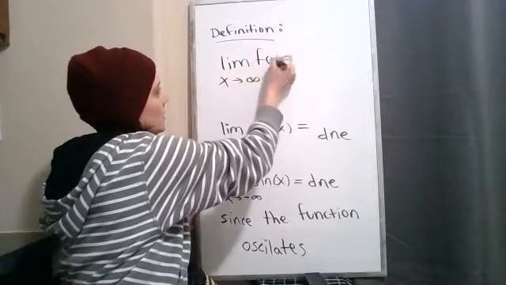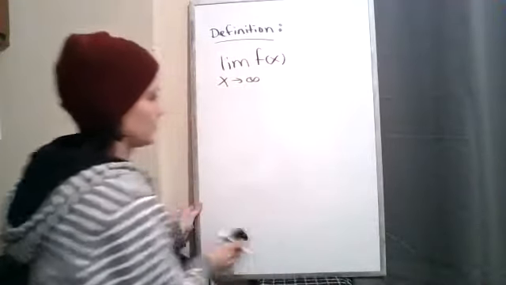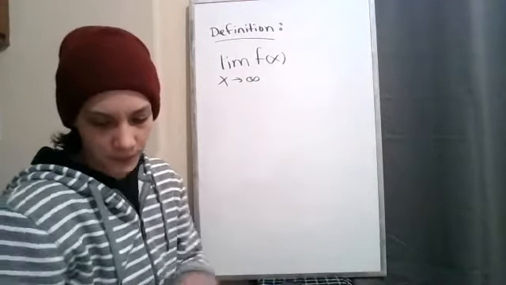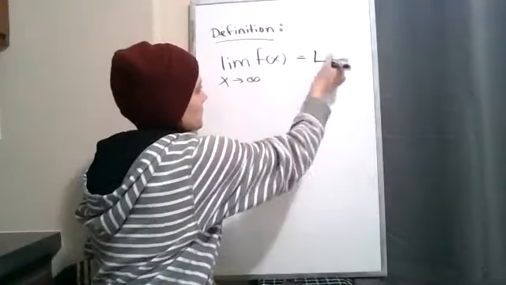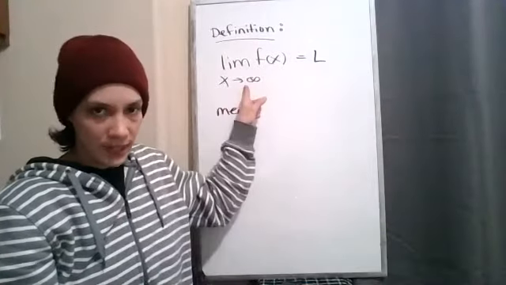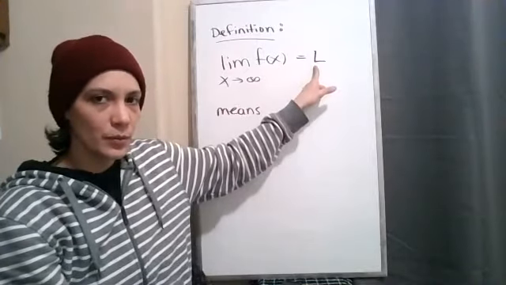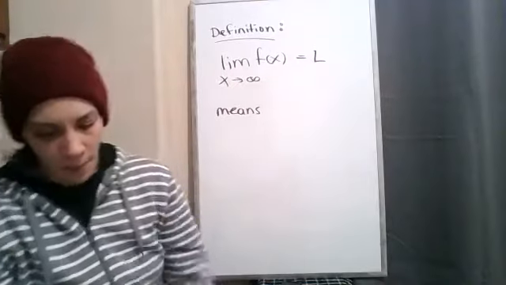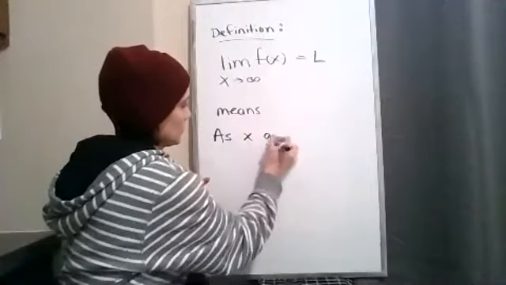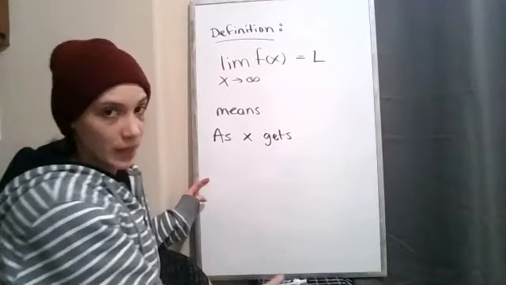The limit as x goes to infinity of f of x equals L. As x grows without bound towards positive infinity, f of x gets arbitrarily close to some value L.